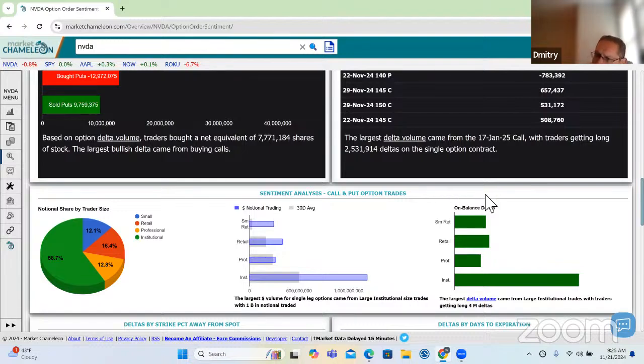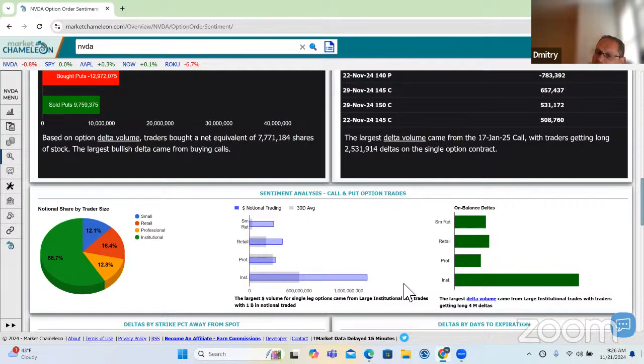You could see here that on balance, they all look like positive deltas, right? They're all green, and the institution contributed the greatest amount. But from all of those buckets, they were all on balance positive.